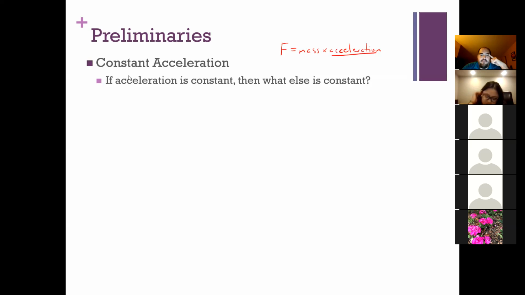Someone asked how often you use imperial units in a real-life job. It depends on where that job is. If you're working anywhere in the scientific community, you're going to be dealing with metric.